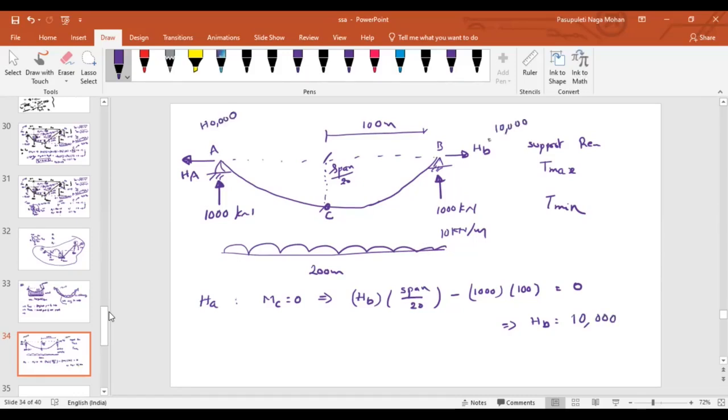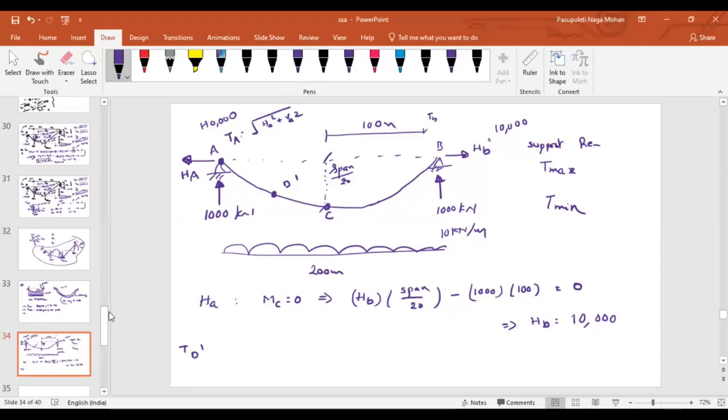Now, let us say I talk about some point, let us say point D dash. How can I find the tension in the cable at point D dash? What should we do? First of all, at point A, what is the tension in the cable? The tension in the cable at point A is simply the square root of HA square plus VA square.